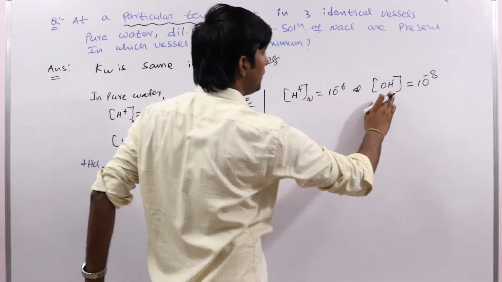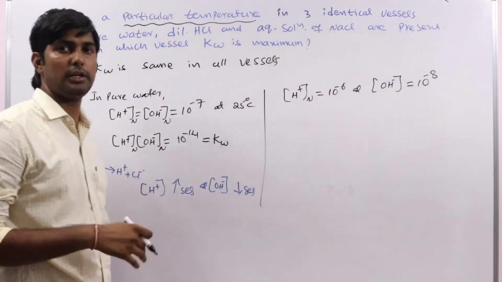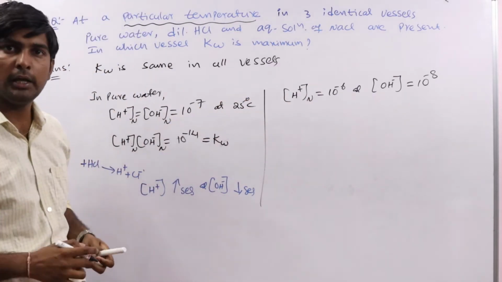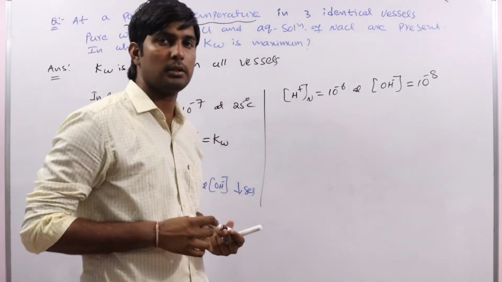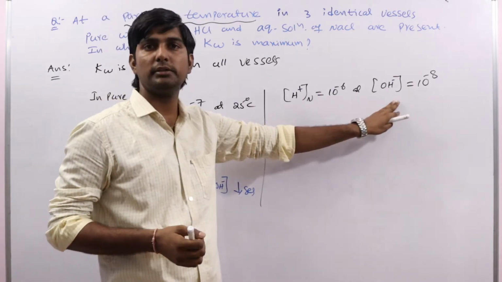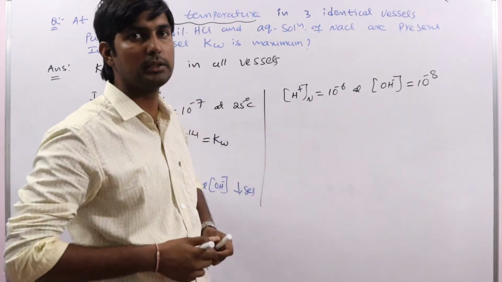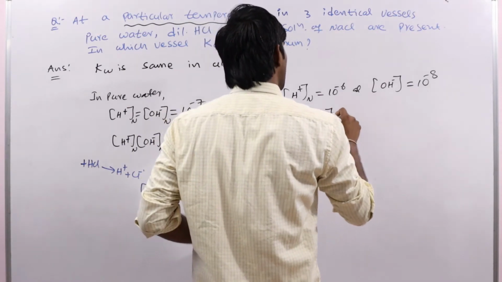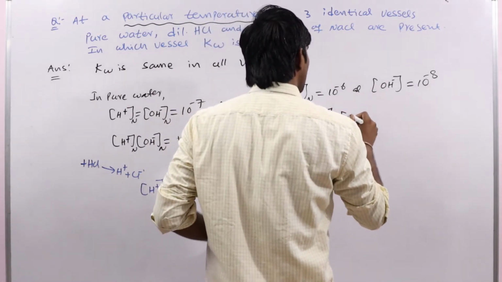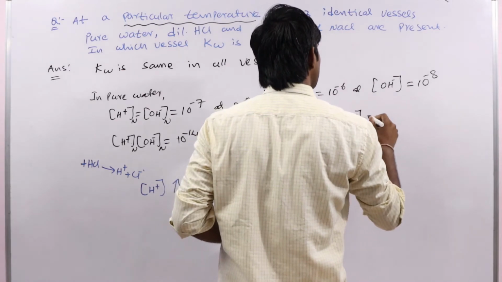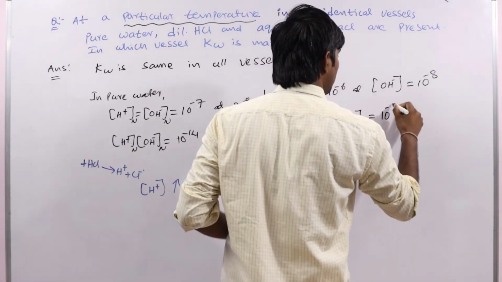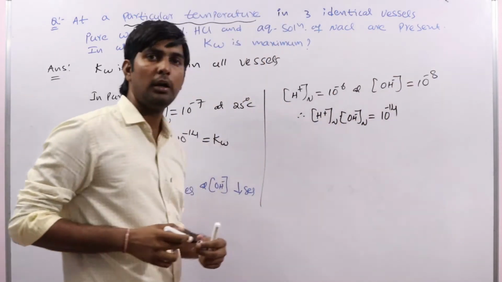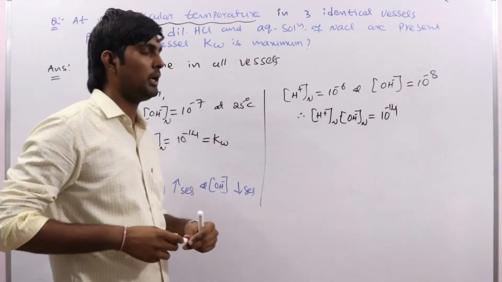At the same time, OH minus ion concentration decreased to 10 power minus 8 from 10 power minus 7. Why? Some of the H plus ions neutralize OH minus ions. So that's why OH minus ion concentration decreases. Therefore, H plus ion concentration into OH minus ion concentration equals how much? 10 power minus 14 only, 10 power minus 6 into 10 power minus 8.